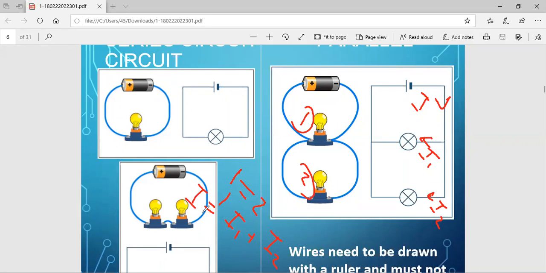Because the value of the current moving through the first route plus the value of the current moving through the second route, the summation of the two values together, will give me the total amount of current going through the circuit, okay? So this is first of all. It means I is bigger than each one of them, and it's equal to the summation of each of them, okay?